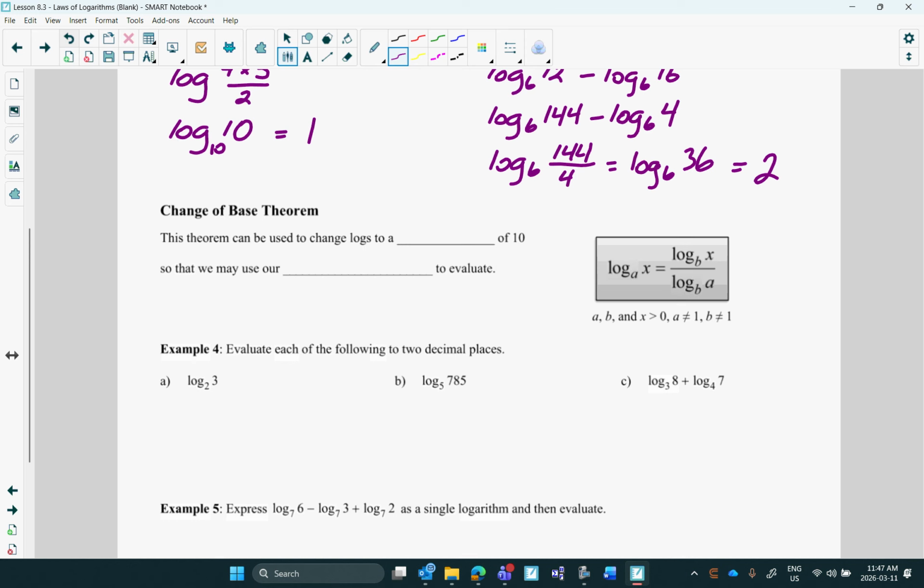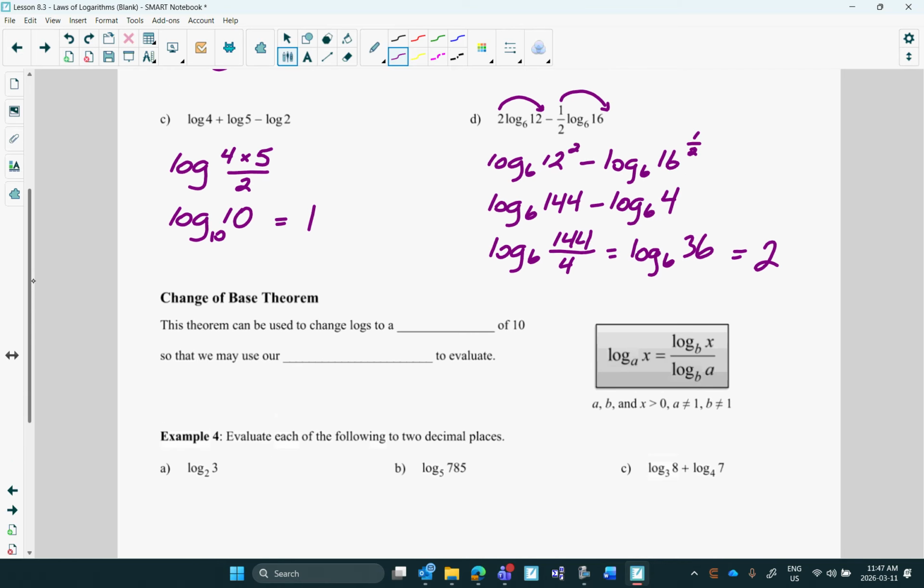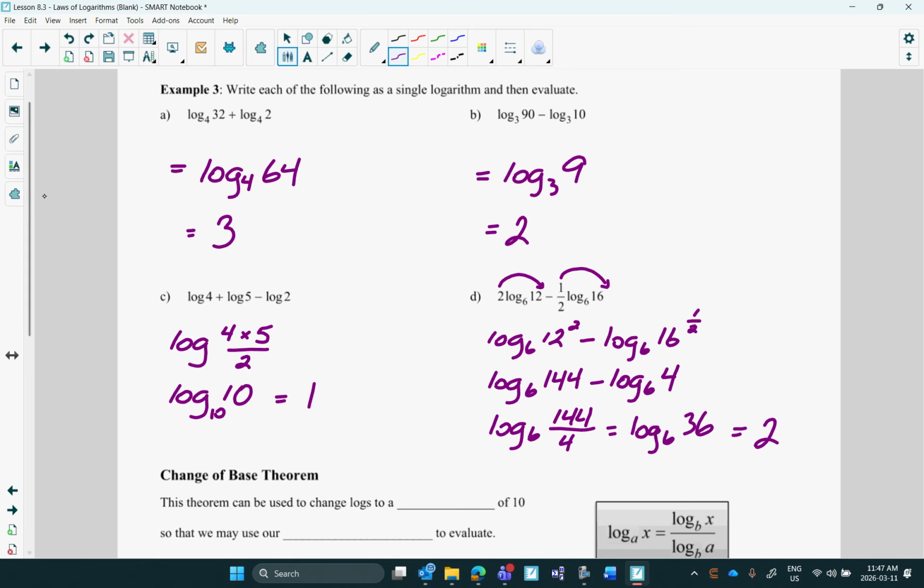You should get this. Try log 64 divided by log 4. You should get this. So that's a quick way to do any log on your calculator.